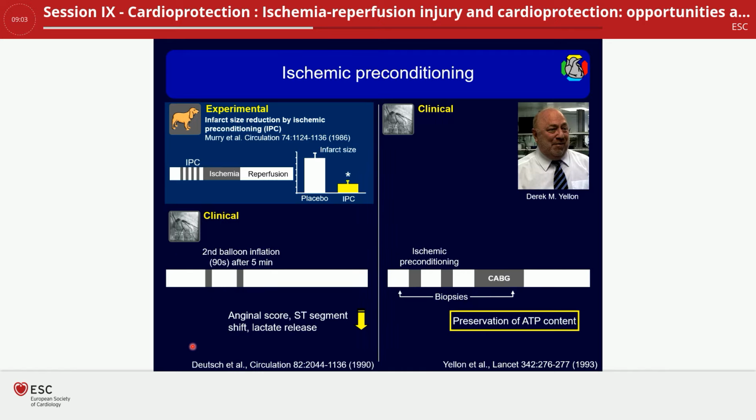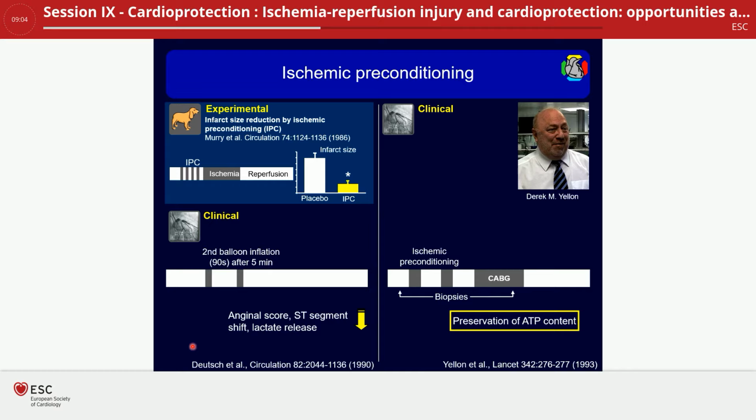And Derek Yellen, Sean David's boss, was the first who actually saw the clinical application of that. Together with surgical colleagues, he did studies in patients who underwent a coronary artery bypass operation, and he could convince his colleagues at the time to occlude the aorta, not the coronary artery, briefly twice before the CABG operation was done.